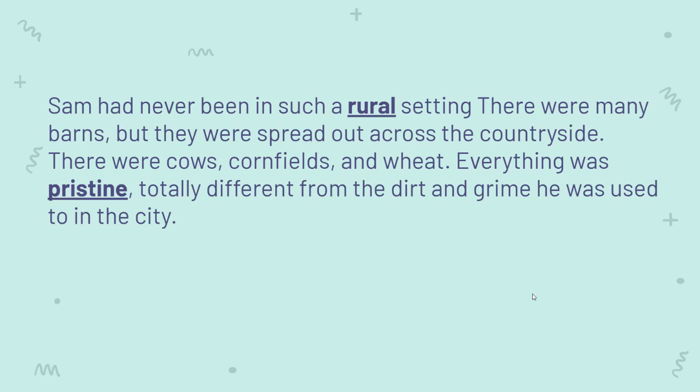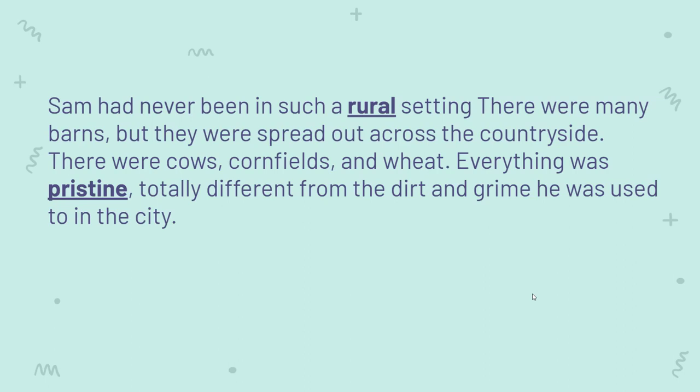Okay, so looking at the words rural and pristine. We can look at some clues when they're talking about rural. We see the word barn, we see countryside, cows, cornfield, and wheat. So when we think about that word rural, we can think, okay, I know all of those things are out in the country.